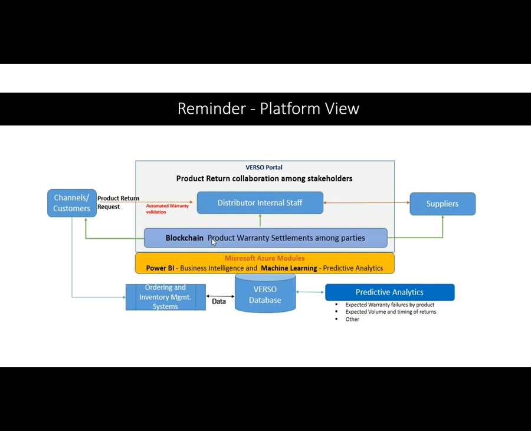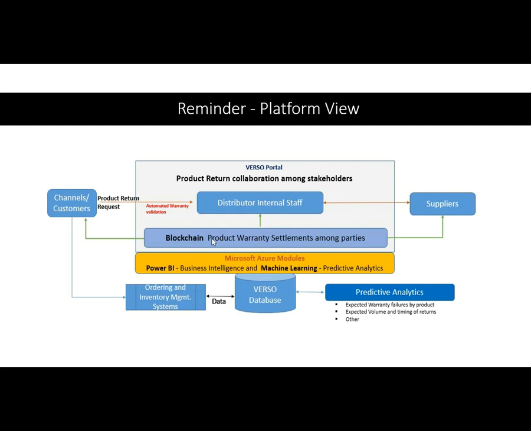The other important area is the Microsoft modules themselves. Because we run Verso on Microsoft, there are a couple of things we're able to do in a very seamless way. One of them is Power BI, of course, one of the leading business intelligence tools out there according to Gartner and others. We leverage that for reporting and information delivery.